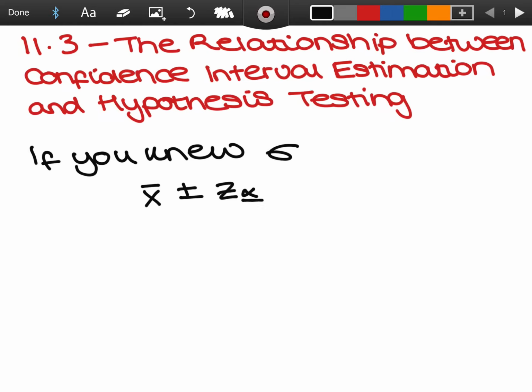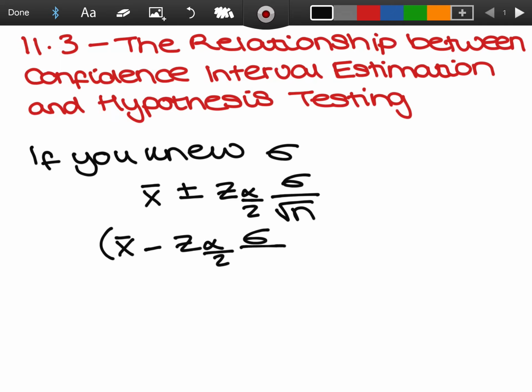It was given by the sample mean plus or minus this z value multiplied by the standard deviation over the square root of the sample size. And we would hope that this confidence interval would contain our population mean with a certain level of certainty, okay? Because we would be a certain level confident, let's say like 95% confident, that this interval would contain the population mean.